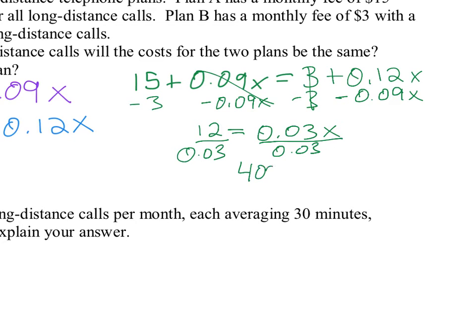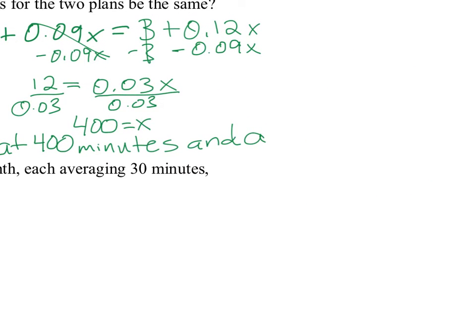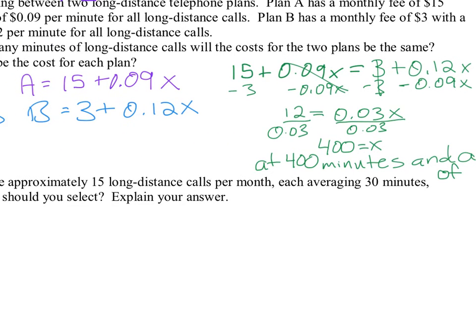So at 400 minutes, and they also wanted a cost. To get the cost, we plug that 400 into either of the two equations. So I'm going to plug it in here.